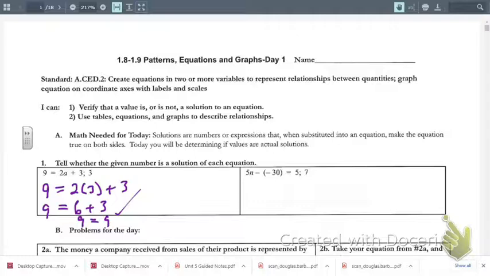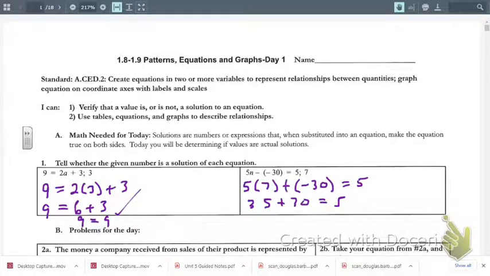All right, for the second one over here, we're going to plug in a 7 for n. So we have 5 times 7 minus a negative 30 equaling 5. So we're going to have 35, and then we're subtracting a negative. That's the same thing as adding a positive. So we have 35 plus 30.